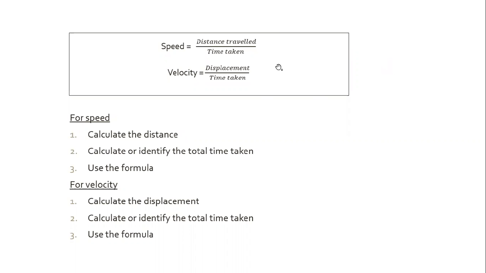What you see in the box: speed is equal to distance traveled divided by time taken, and velocity is equal to displacement divided by time taken.